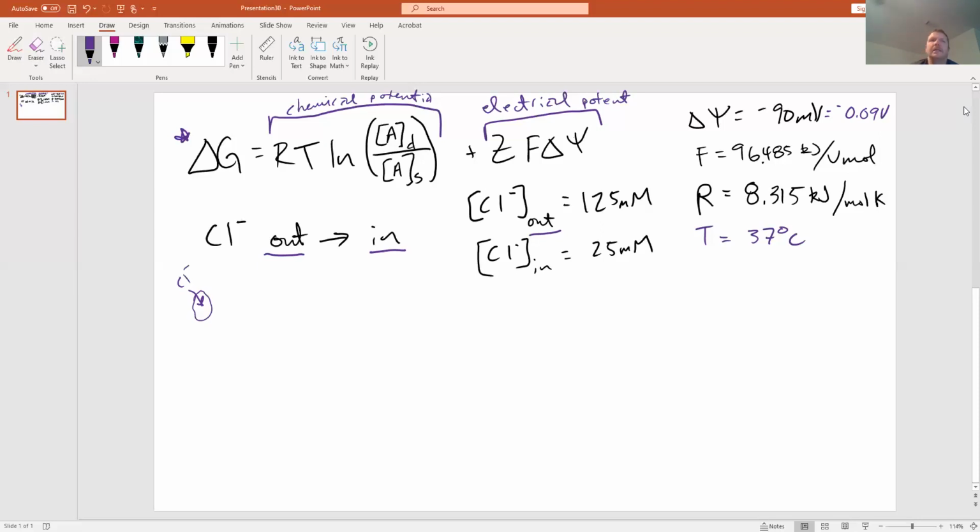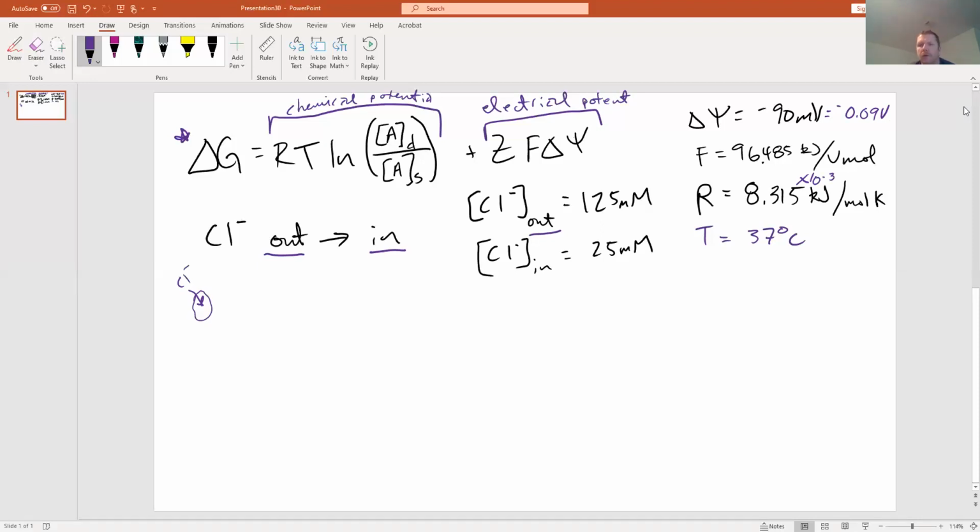Faraday's constant is 96.485 kilojoules per volt mole. And then my R value is 8.315 times 10 to the negative third, which I forgot to write, the times 10 to the negative third. That's going to have a significant impact on my answer, so I'll write that times 10 to the negative third.